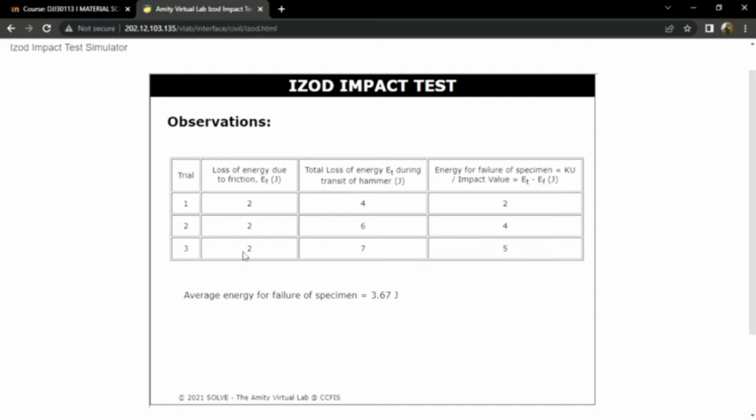And then for trial 3, loss of energy is still the same, but total loss of energy is 7, and then energy for failure of specimen is 5. So average energy for failure of specimen is 3.67 joule.